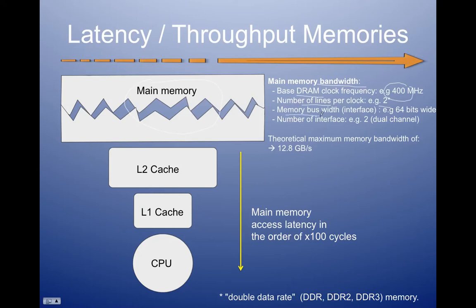The number of memory buses, that is the number of interfaces to the memory. And usually this interface is 64 bits wide. And the number of interfaces, 2. If I multiply all those numbers, I get 12 gigabytes per second as a maximum memory bandwidth, as you can never get your data faster than that.